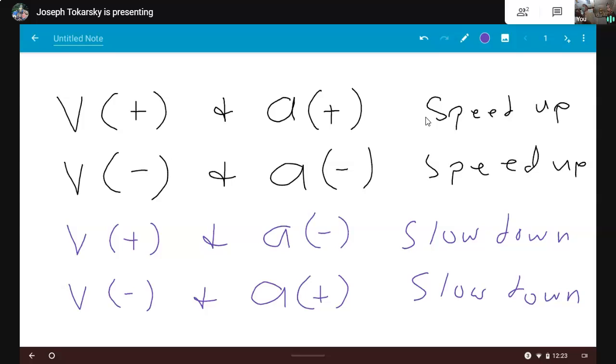So if a problem doesn't specify, if it just says a car's traveling at 50 kilometers per hour, or something along those lines, it gives you a speed. You're going to assume, if we're in 1D motion especially, which we are most of the time, that unless they tell me otherwise, I'm going in the positive direction, okay?